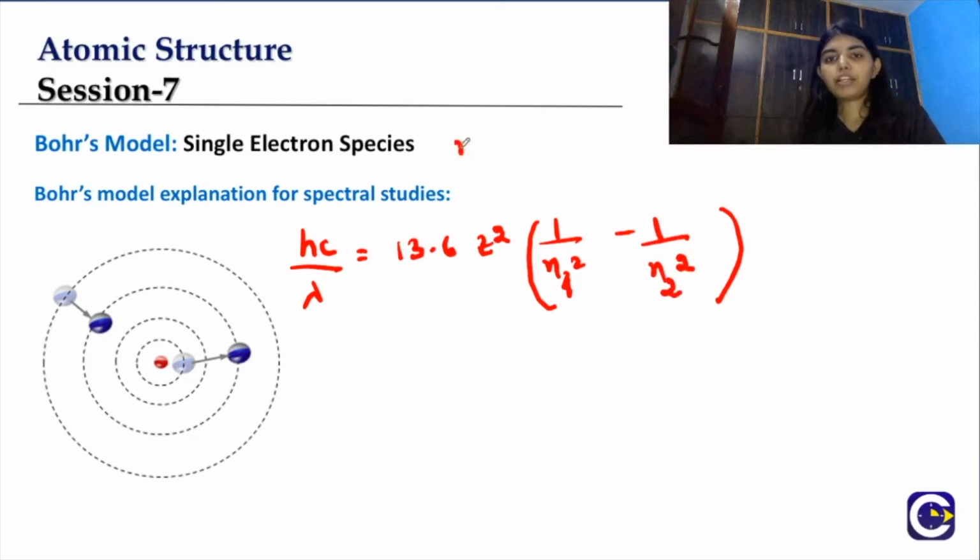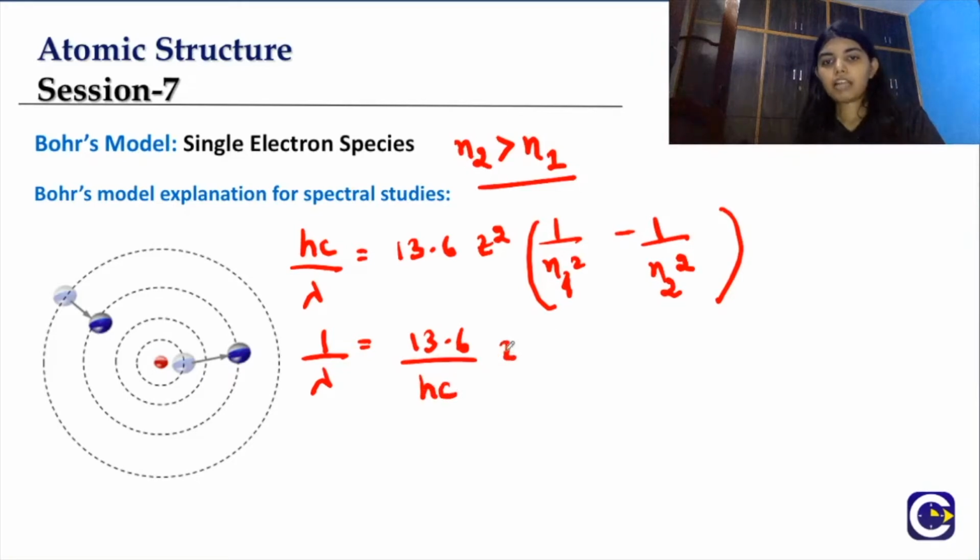Here the convention is that n2 is greater than n1. So now hc can be placed in the denominator: 1 by lambda will be given as 13.6 divided by hc, Z square, 1 upon n1 square minus 1 upon n2 square.